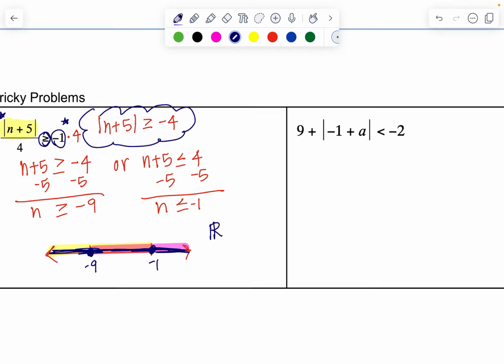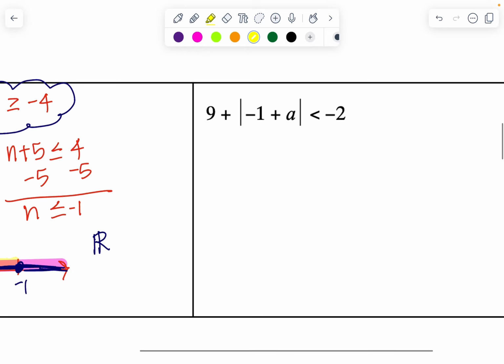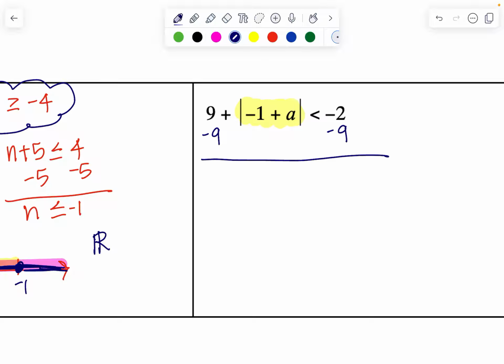All right, let's look at this last one here. Again, I want to isolate this part. So I'm going to start by subtracting 9. So I'm going to get the absolute value of negative 1 plus a less than negative 11. Since it's less than, it's going to be an and.